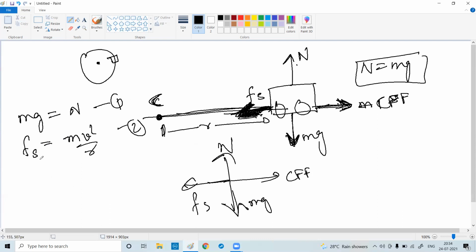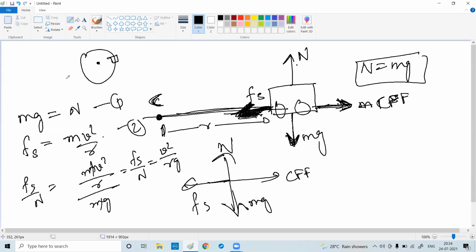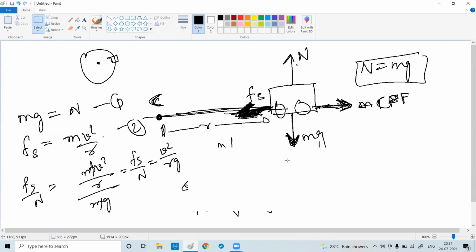So if I divide Fs by N, Fs by N equals mv square by r divided by mg. So this became Fs by N equal to v square by rg.